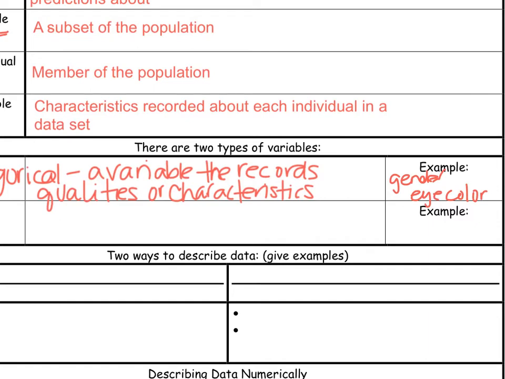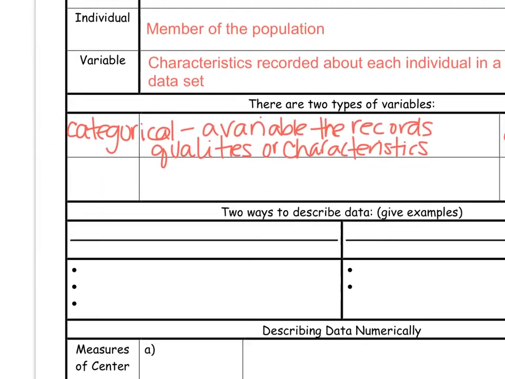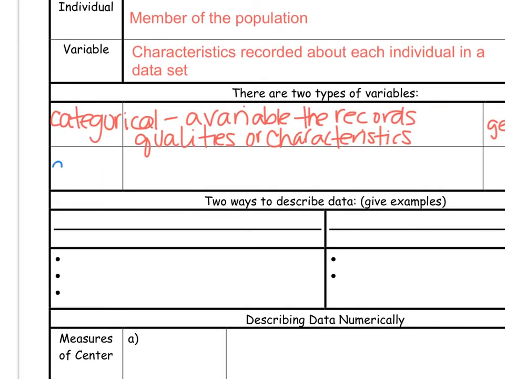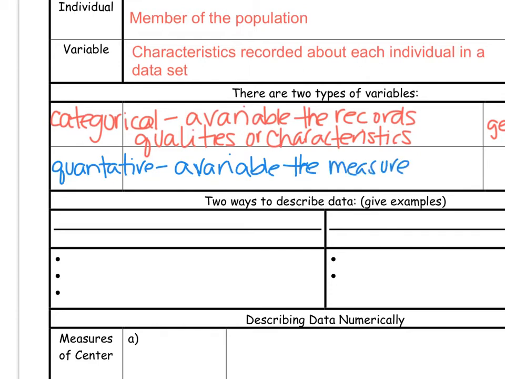The second type of variable that we can record is called quantitative, and think of quantity as a number. And that is a variable that measures numerically a characteristic of an individual.